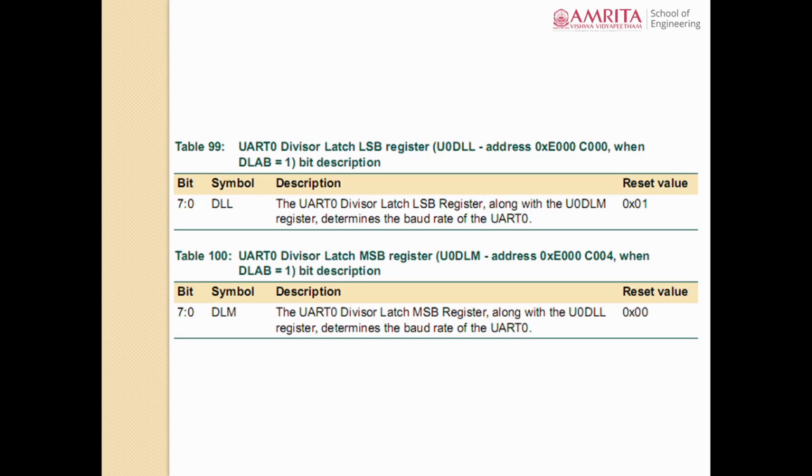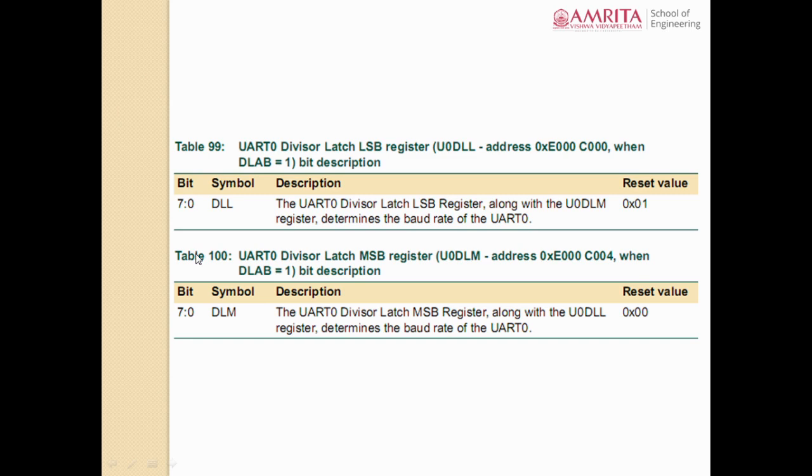So for configuring that baud rate, you need to configure these two registers, DLM and DLL. If you write a particular value into these two registers, the corresponding baud rate will be generated. Both these registers are 8 bits, so you are configuring 16 bits in total for the baud rate.